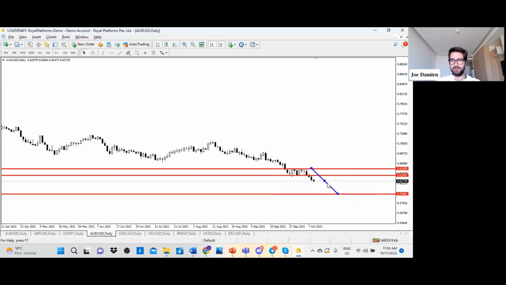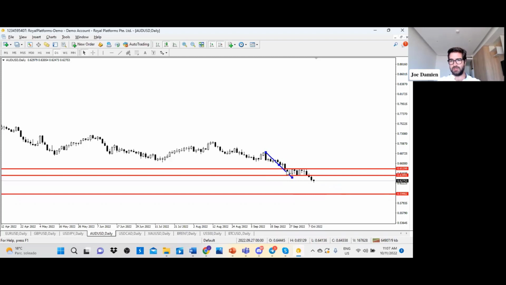The market posted a bearish impulsive wave, then a correction here, and then we should expect a new bearish impulsive wave to continue the ABCD pattern. This is the AB leg, and we are expecting the CD leg to be equal to the AB one, which is this one from here to here.